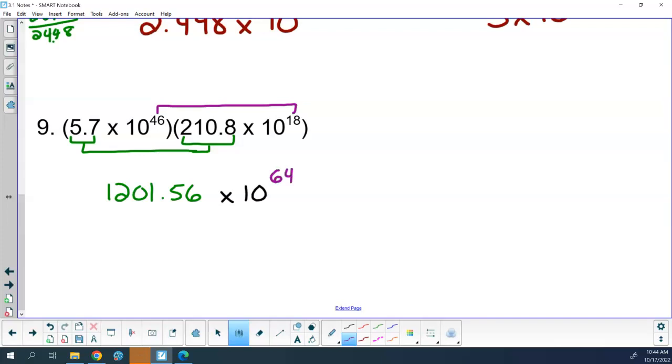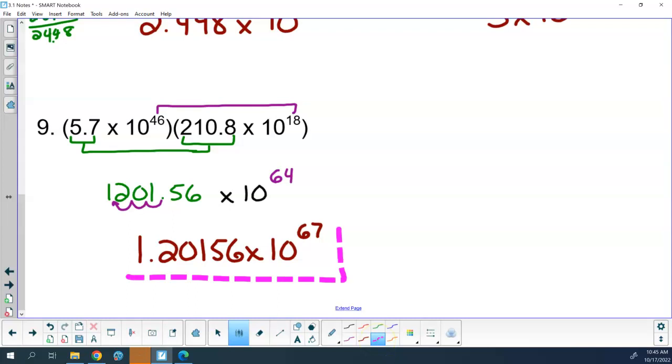But now I can only have one digit, so I'm going to have to move that over 3 times. So my final answer here would be 1.20156 times 10 to the 67th power. Very big.